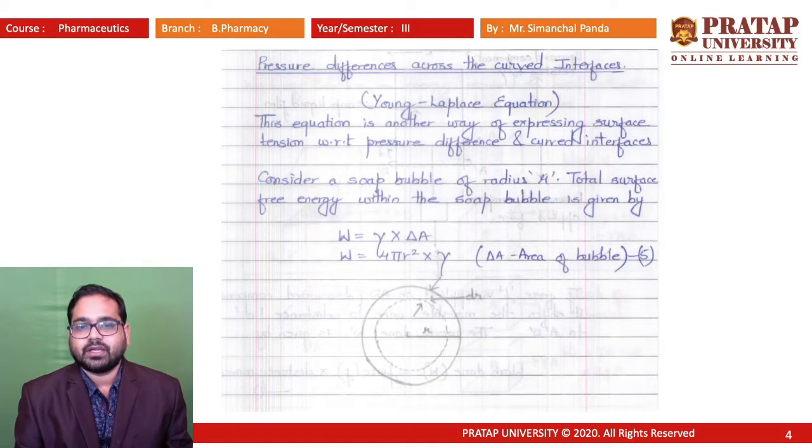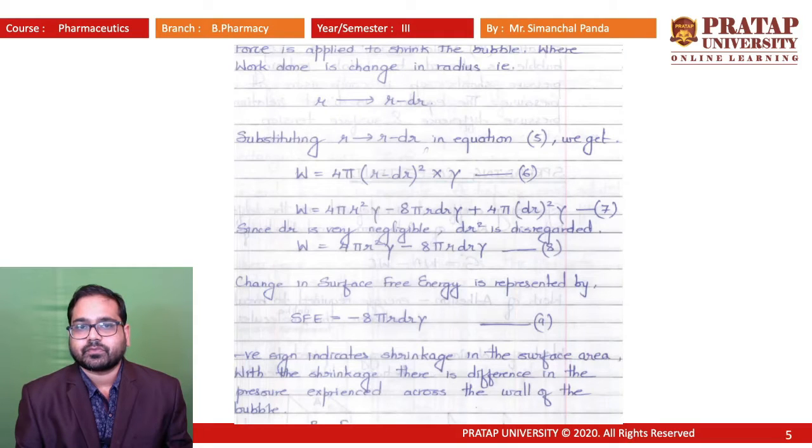Here we can write the work done as 4 pi r square, the area of the bubble, times gamma, the surface tension. The force is applied to shrink the bubble, where the work is done over the change in radius from r to r minus dr.